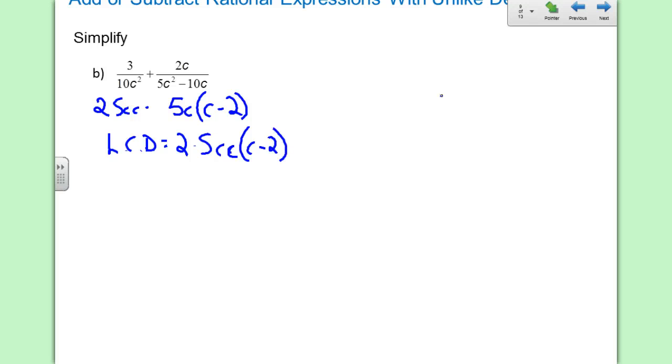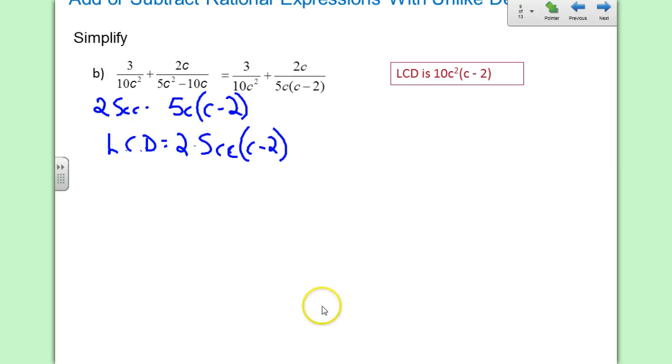Well, what it makes is what it said a minute ago when it flashed. It makes 10c squared times c minus 2. So now you ask yourself, well, what do I need to do to each denominator? What pieces are missing from each denominator? Well, clearly in the first one, I'm missing a c minus 2, top and bottom. What's missing in the second denominator? Well, a 2c.